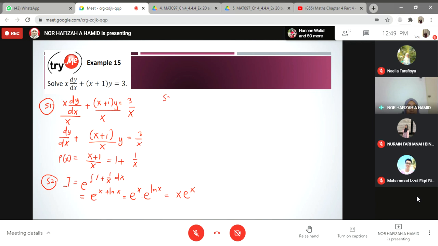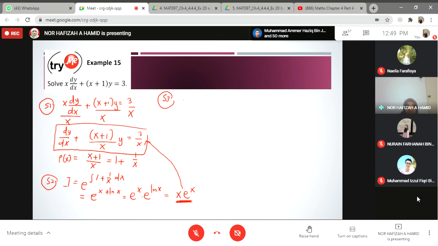Next for step 3. Okay, step 3, multiply integrating factor ni yang you calculate pada step 2, you multiply with the standard form ini. So you jangan multiply dengan yang original differential equation. You multiply bila dy over dx dia jadi 1. Coefficient for dy over dx dia 1. So kita dapat standard form. So you multiply every term with integrating factor.